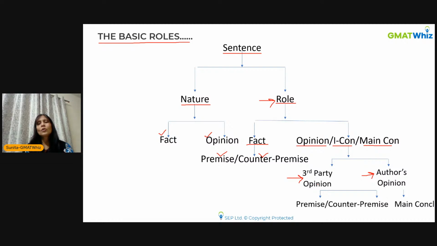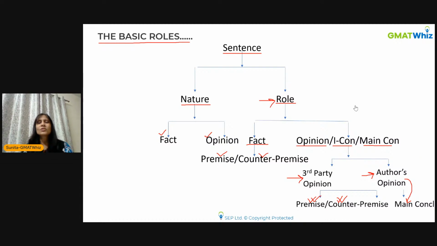Now, the third party opinion itself will always be an intermediate conclusion, and depending on whether it supports the main conclusion or goes against it, it will again boil down to whether it's playing the role of a premise or a counter premise. Similarly, the author's opinion can also play the role of a premise or a counter premise. But it is always the author's opinion which will always play the role of the main conclusion. So these are the basic roles.